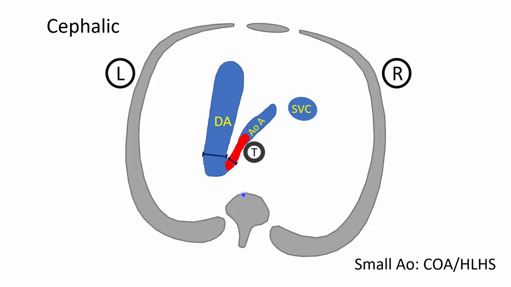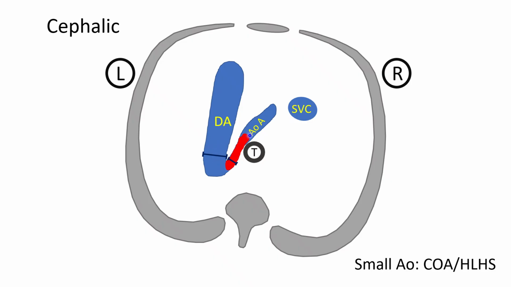So how about a small aorta and a larger ductus arteriosus and main pulmonary artery? And so we see this in coarctation of the aorta or hypoplastic left heart syndrome. And with hypoplastic left heart syndrome, classic hypoplastic left heart syndrome, you'll see fully systolic retrograde flow in that transverse aortic arch and even into the ascending aorta. With coarctation, sometimes you'll see some bidirectional flow.